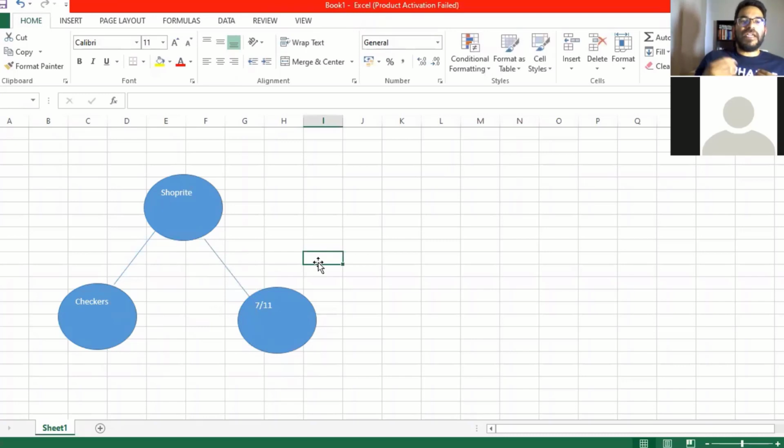So understand this from a real world point of view. How did this come about? ShopRite owns Checkers and 7-Eleven. Remember, a company buys into another company for different reasons. One of the reasons is to tap into markets where they are not. So, for example, like I explained, ShopRite acquires Checkers. Why? Because ShopRite wants to compete with Pick and Pay.